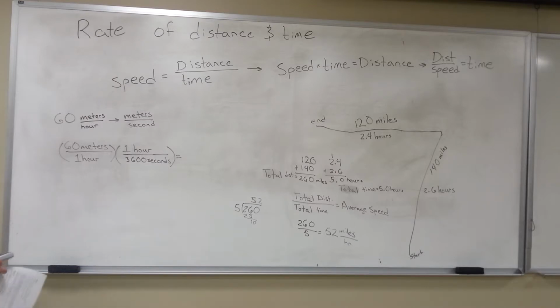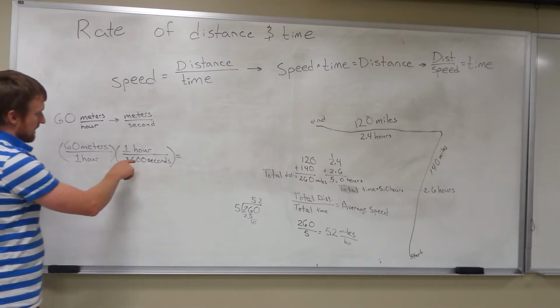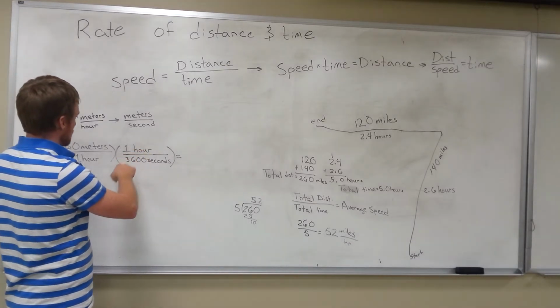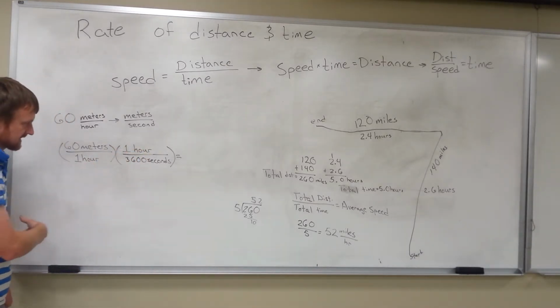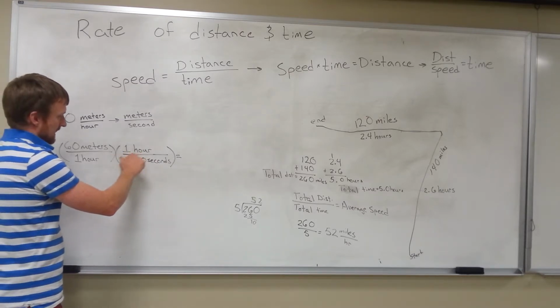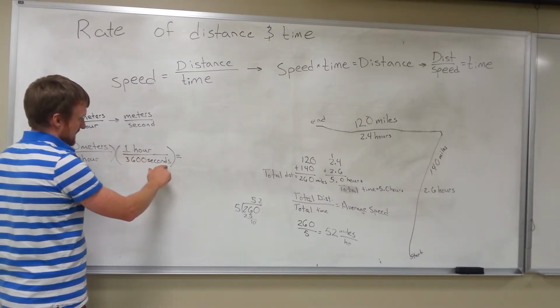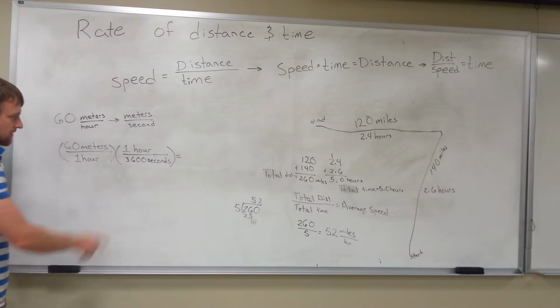Okay. Remember what we did? We learned using the train track method. We put our 60 meters per 1 hour. Put the 1 hour in the bottom here, converting hours to seconds. We say 1 hour divided by the number of seconds there are in an hour. 3,600 seconds are in an hour.